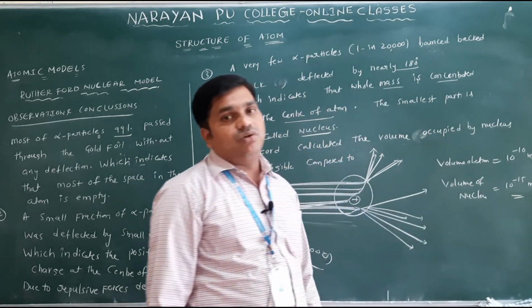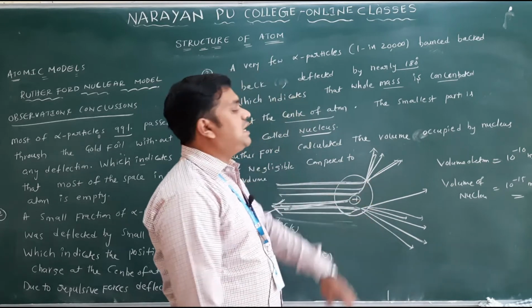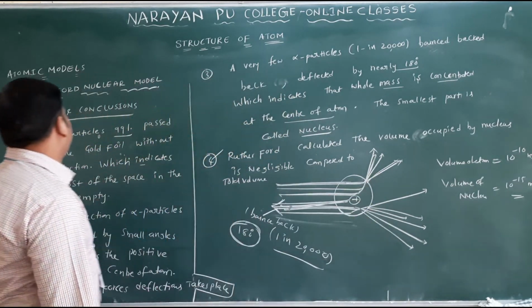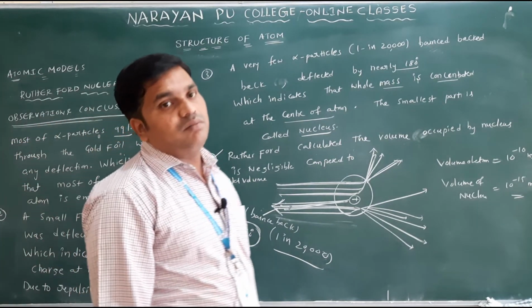So the volume of the nucleus is very small when compared to the volume of the atom. These are the main observations from the Rutherford model. Next we can discuss the main postulates of the Rutherford model.